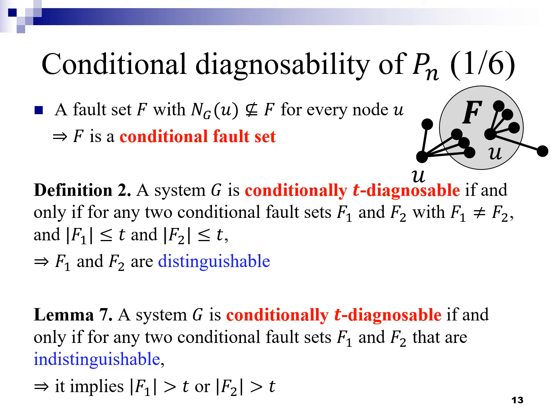and they are indistinguishable, it will imply the size of F1 is bigger than t, or the size of F2 is bigger than t.